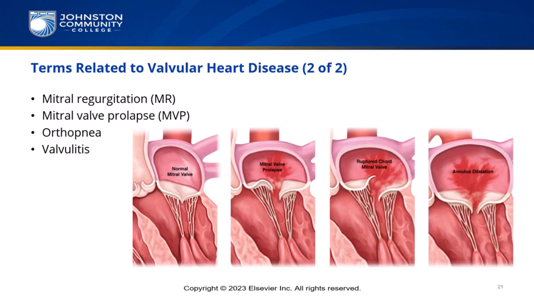It is a condition in which a person must sit or stand to breathe comfortably. And finally we have valvulitis, which is the inflammatory condition of the valve, especially a cardiac valve, caused most commonly by rheumatic fever and less frequently by bacterial endocarditis or syphilis. Results are stenoses and obstructed blood flow.